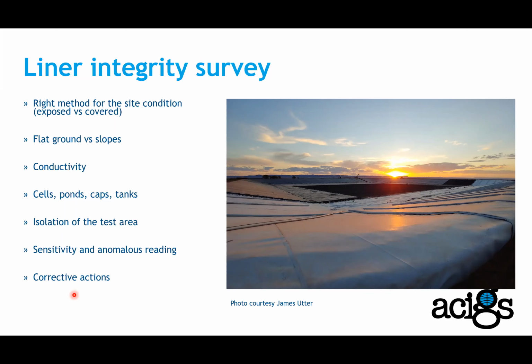So if we do a liner integrity survey, LIS, we actually have a chance to identify those issues and also close out those issues before the facility is handed over to the client for commissioning.